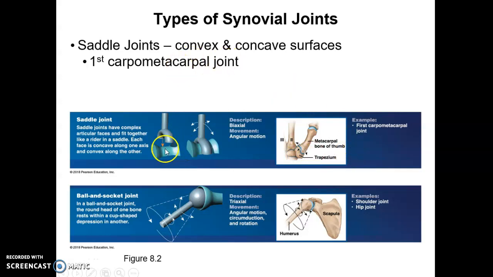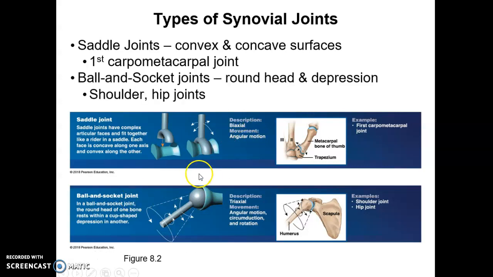That allows for opposition and reposition of the thumb, biaxial movement. Ball and socket joints, round head and a depression. Shoulder and hip joints are this type. The hip joint is a deeper depression, and a lot of range of motion here, actually triaxial motion.